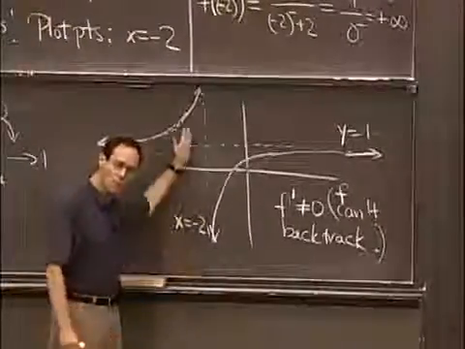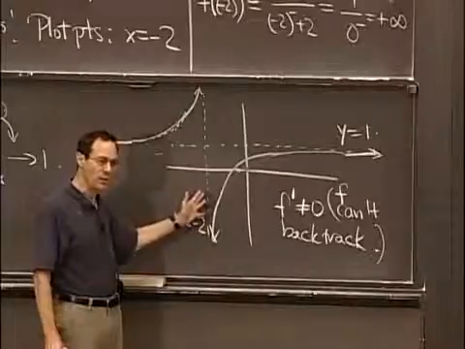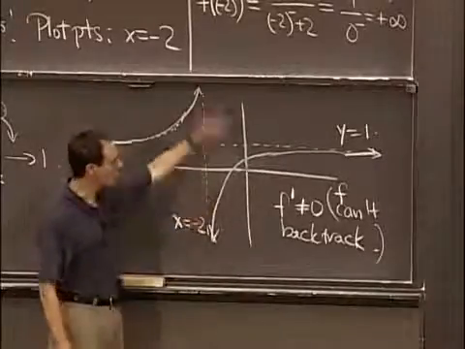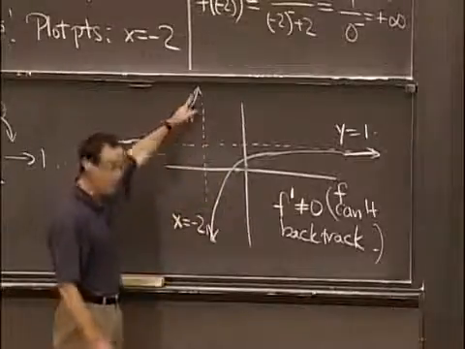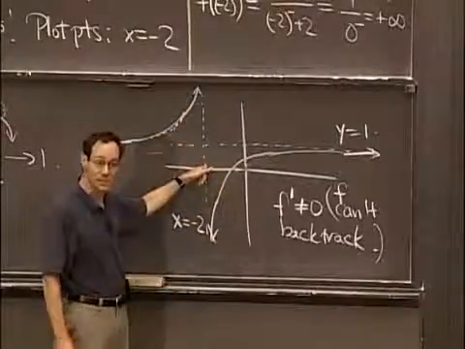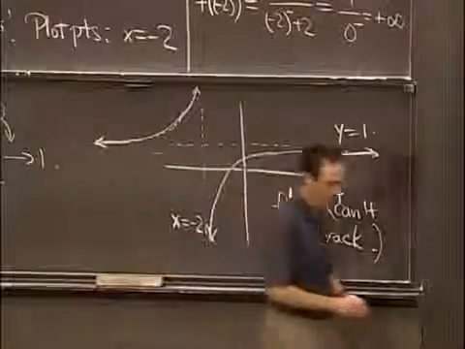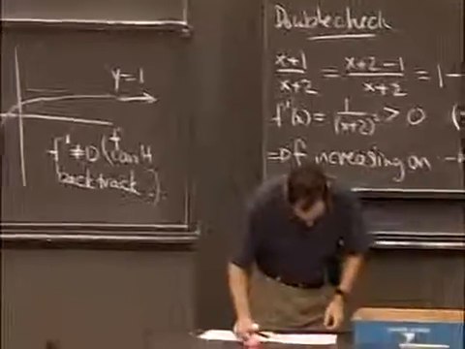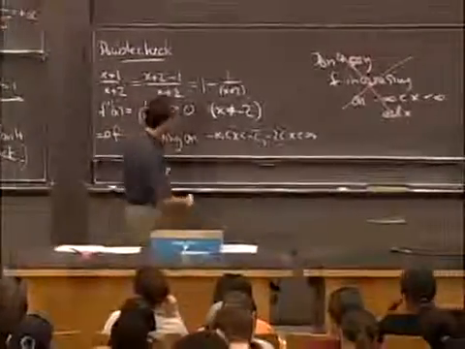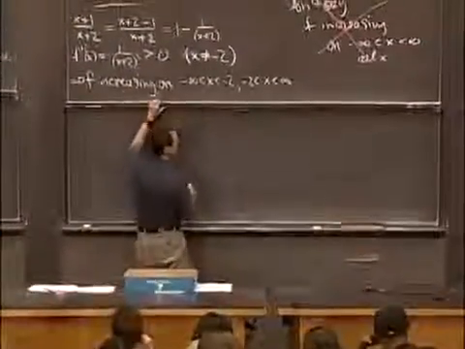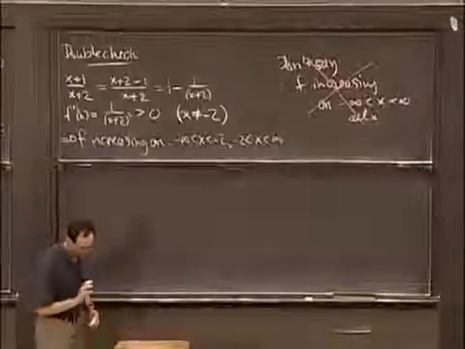You're ignoring the most important feature of this function. If you're going to be figuring out where things are going up and down, which is basically all we're doing, you'd better pay attention to these kinds of places. So don't ignore them. All right, so that's the first remark.